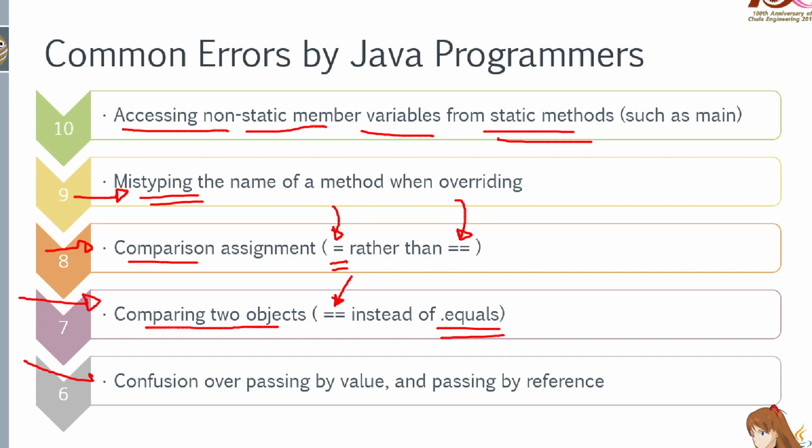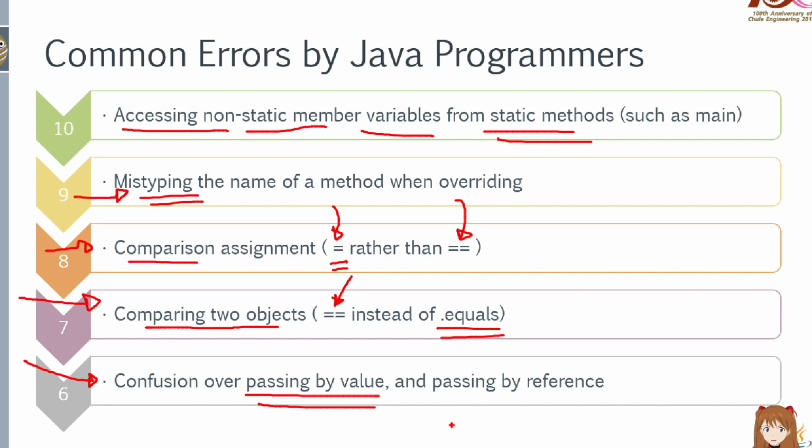Alright? And the next common error that we find is the confusion of not knowing if the value passed to a method is passed by value or passed by reference.